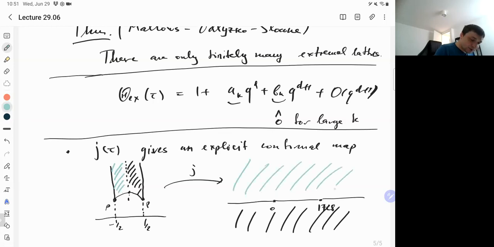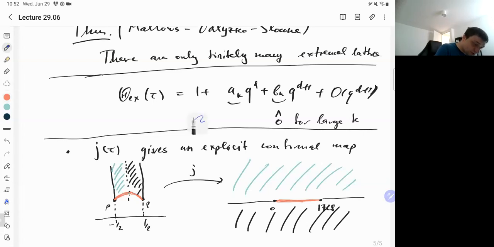This thing it maps above. I can also tell you that it sends i to 1728, and it sends this arc here to this segment here, and it also sends this arc here to the same segment, so it glues them together.